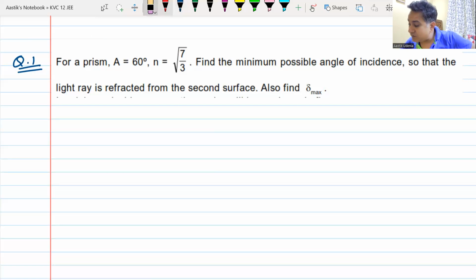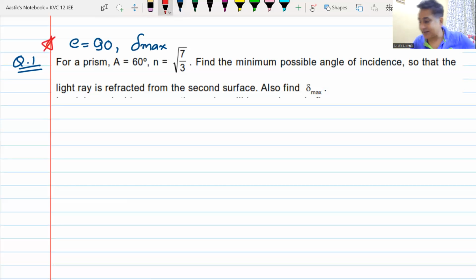Wherever we have any one of these angles as 90 degrees, then we have the maximum deviation. Will you remember this? Note it down. So this was the second reason for giving this question. Let's see if you can do it.